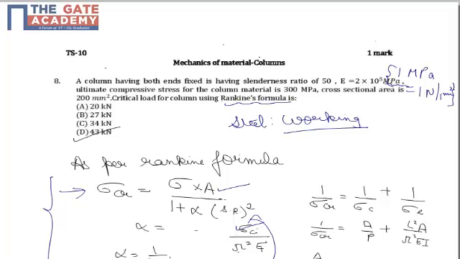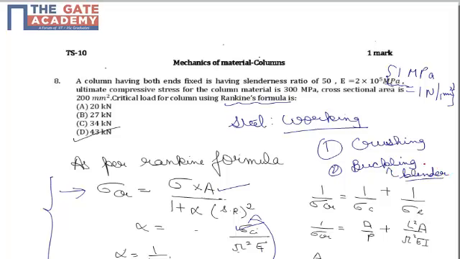But how does this Rankine formula come into the picture? Now we know that every column undergoes failure either by crushing or by buckling, and buckling is valid for slender columns having a slenderness ratio greater than a certain value.